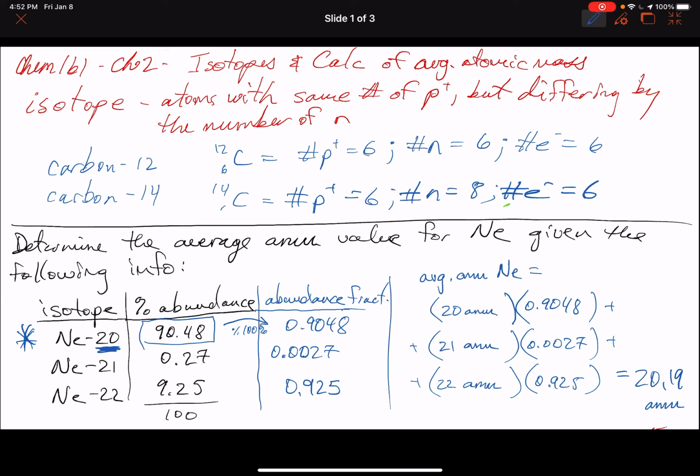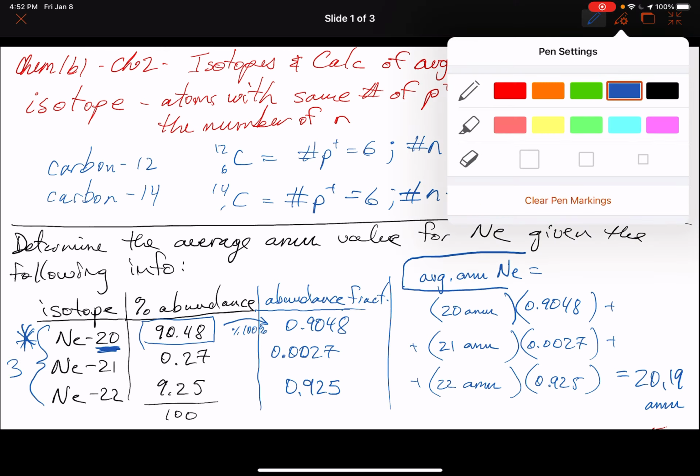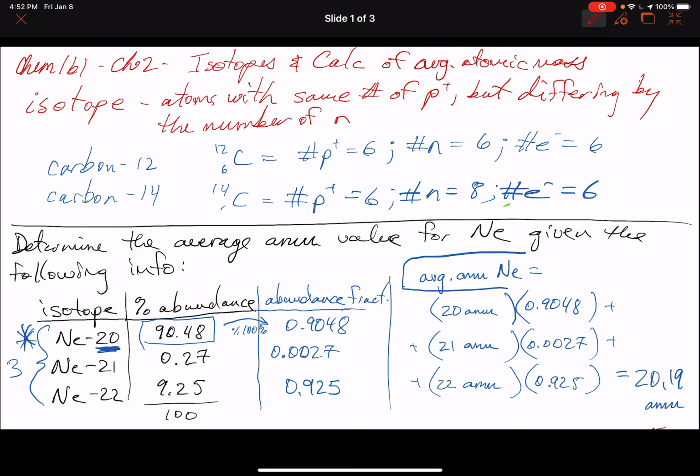So hopefully you've been able to see how we've used a general equation here to determine the average atomic mass for neon. Since there were 3 isotopes here, we needed 3 sets of terms. Okay, so 3 isotopes here, demanding 3 sets of products that are summed together.